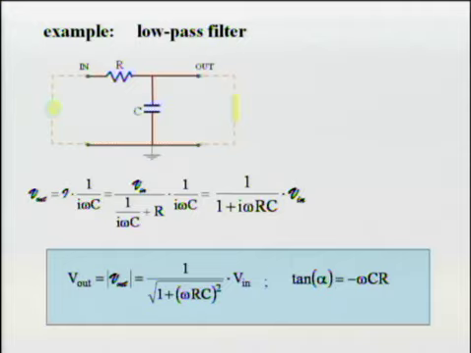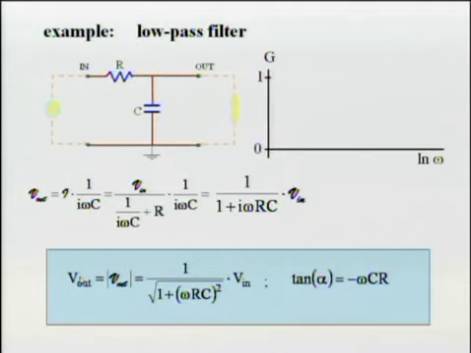If the frequency is small, which means that the angular frequency in the denominator is also small, this number is close to 0, and the gain is going to be 1. So at low frequencies, why don't we start drawing it? At low frequencies, gain is close to 1. At 0 frequency, it will be exactly 1.